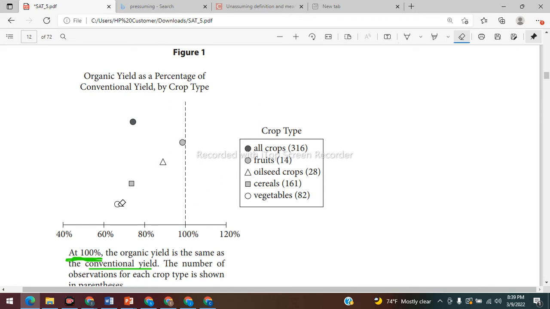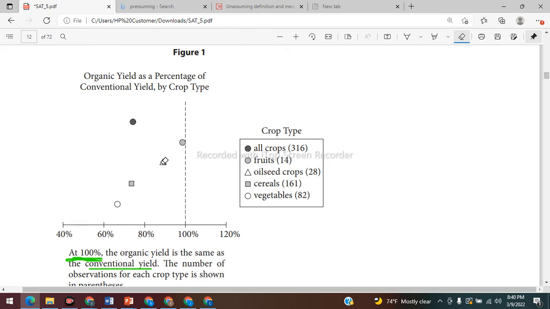The closer these dots are to 100, that means that organic farming and conventional farming had the same amount. So if we look at fruits, it is very close to the 100. That means that when you do fruits with organic farming or with conventional farming, there isn't much of a difference. They produce almost the same amount, right?